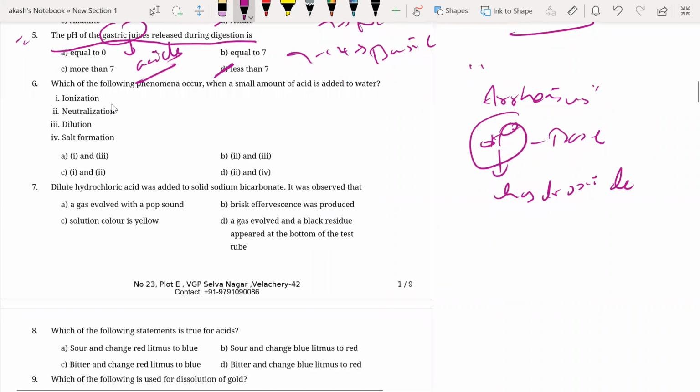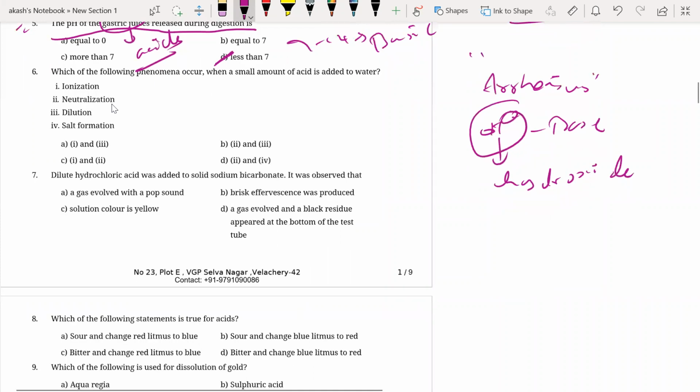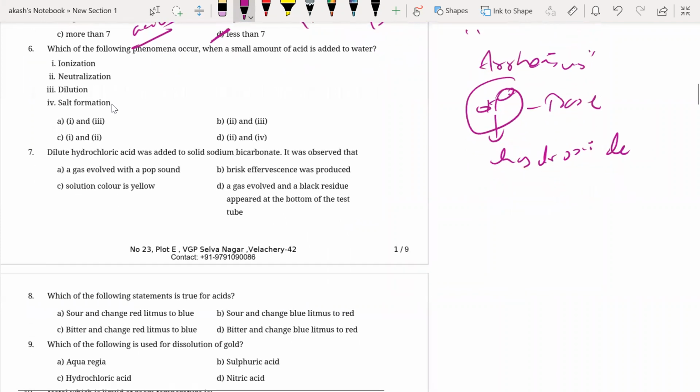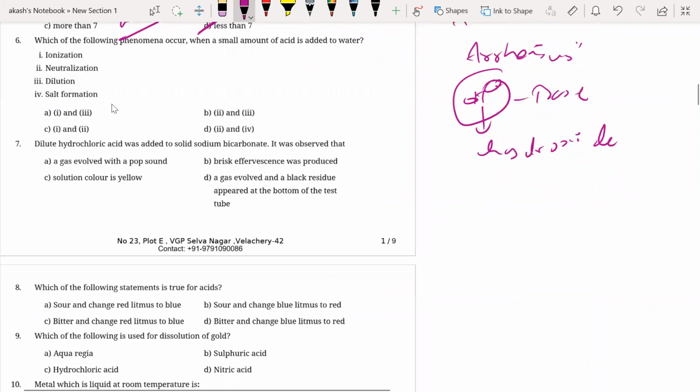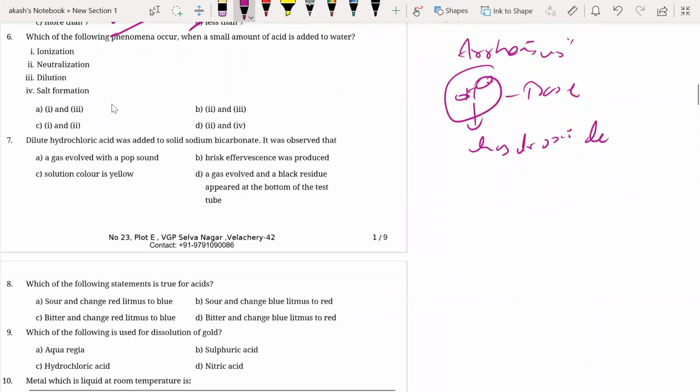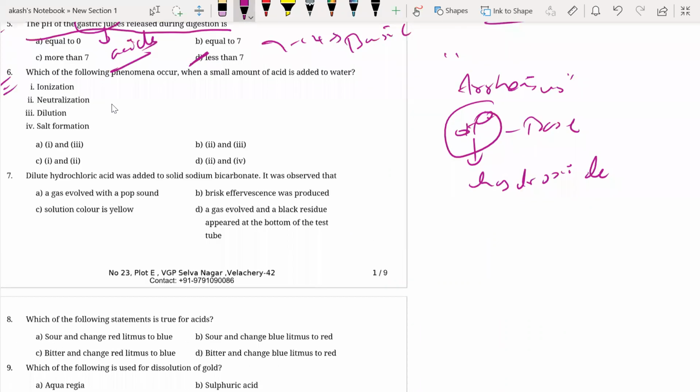Okay, next question. Question number 6. Which of the phenomena occur when a small amount of acid is added to water? Ionization. Will it happen? Yes, sir. It happens, right? For example, if I dissolve HCl gas in water, I produce HCl aqueous.